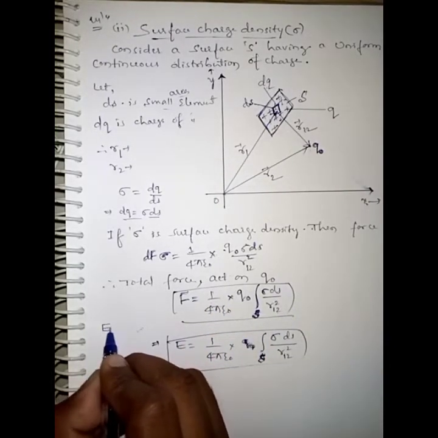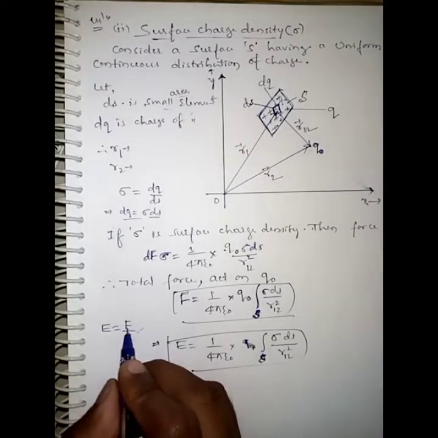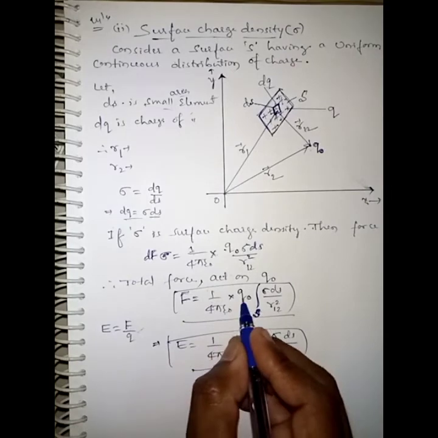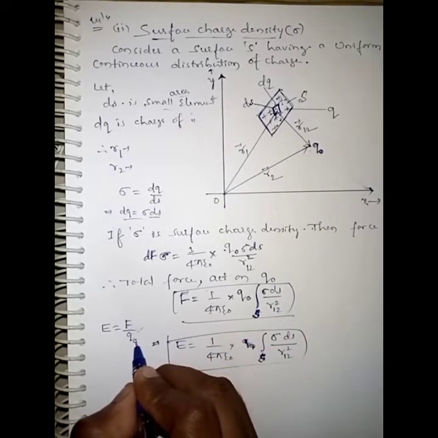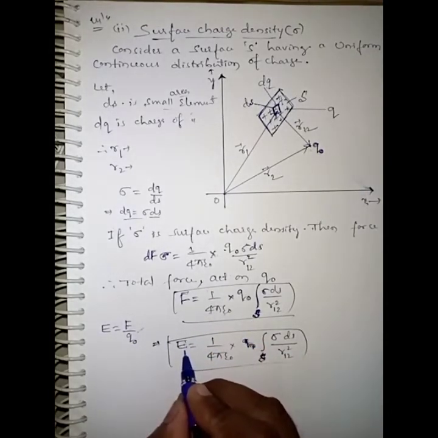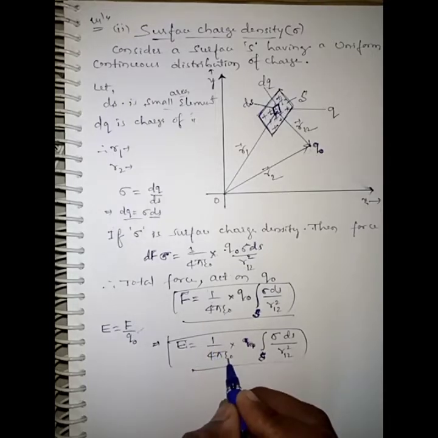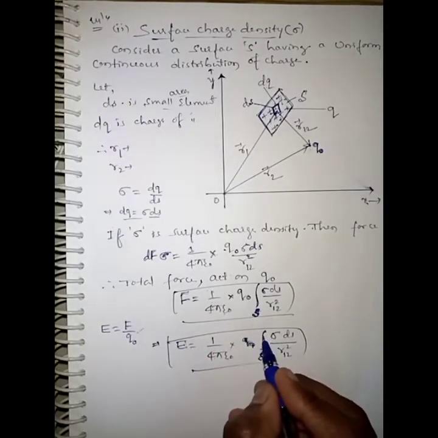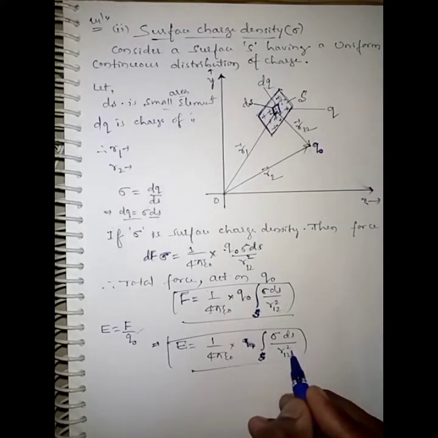Electric field E is equal to force per charge. Force is 1 by 4 pi epsilon naught into q naught sigma dS divided by r12 square, and this is divided by q naught, so q naught gets cancelled. The expression for electric field is E equals 1 by 4 pi epsilon naught, integration over S of sigma dS divided by r12 square.